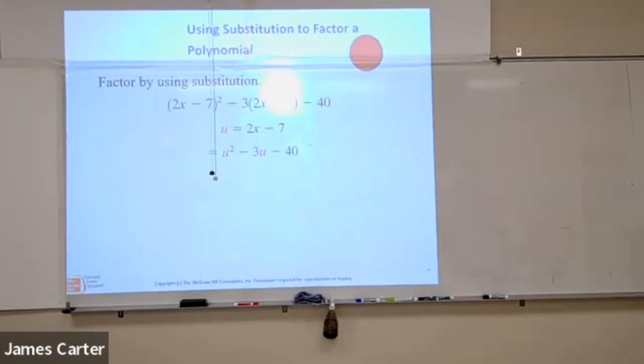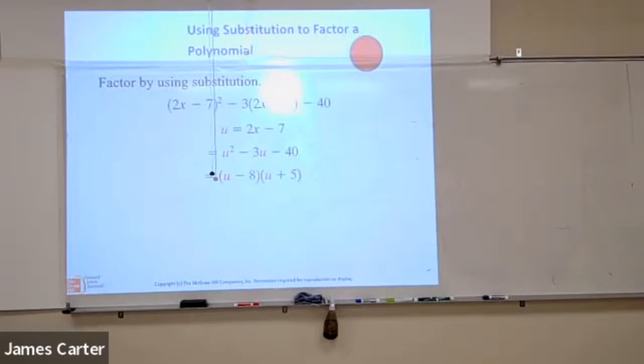This we can factor pretty easy, right? It's going to have a positive and a negative. We factor the thing down, and it ultimately will factor to this. I'm not going to show the factors.